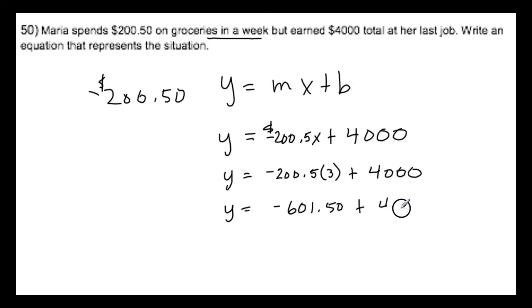And she started at 4,000. Again, that was a positive. So now if we take the positives and subtract the 601.50, we're going to end up with $3,398.50 is what she would still have after 3 weeks, assuming that all she bought was groceries and everything else was paid for.